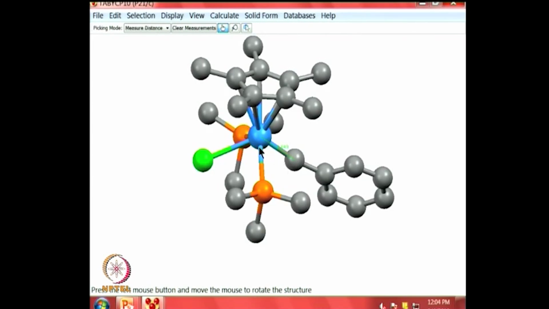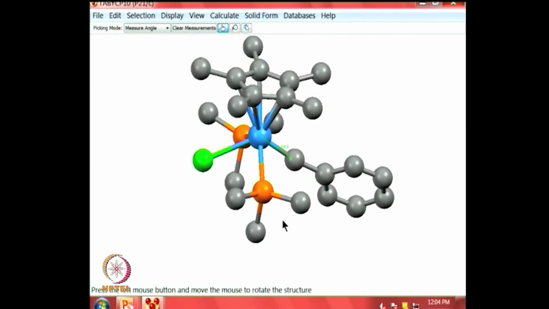It is much shorter than a metal carbon double bond, and it is much shorter than a metal carbon single bond. And so, the best formulation of this molecule is to assume that you have a triple bond between the metal and the carbon atom.